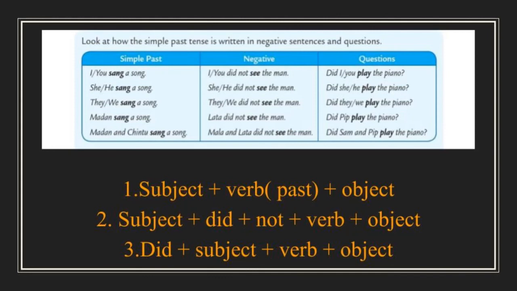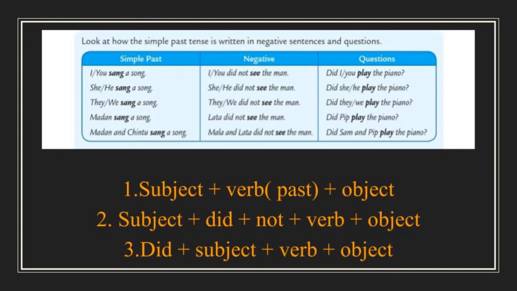I did not see the man. You did not see the man. We don't want to write a past verb, because we used did. If we are using did, we have to write the base form of the verb. They did not see the man. Lata did not see the man. Mala and Lata did not see the man.